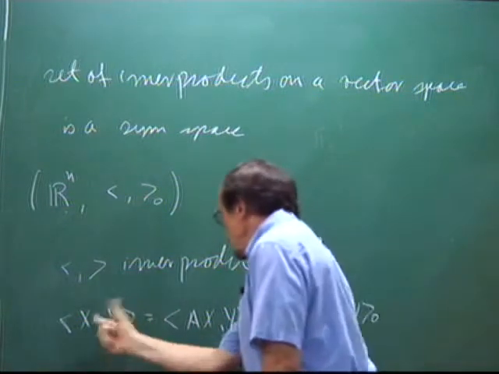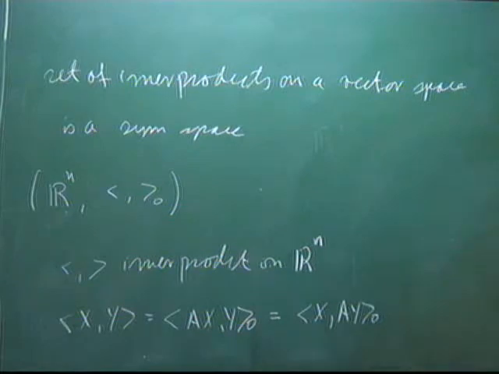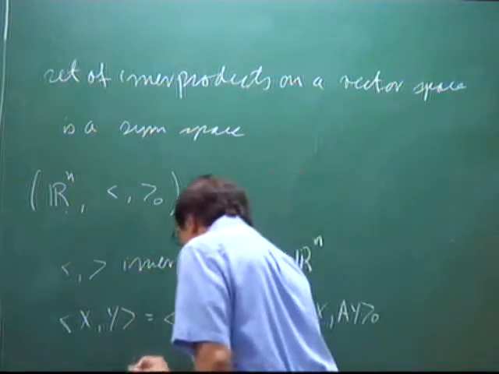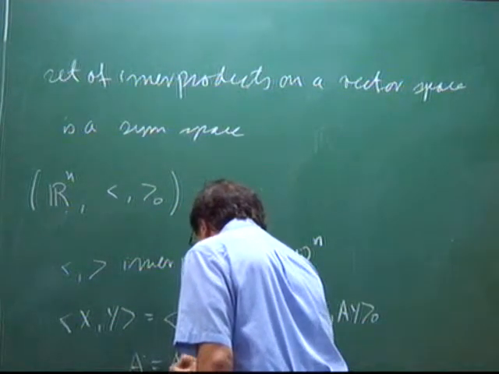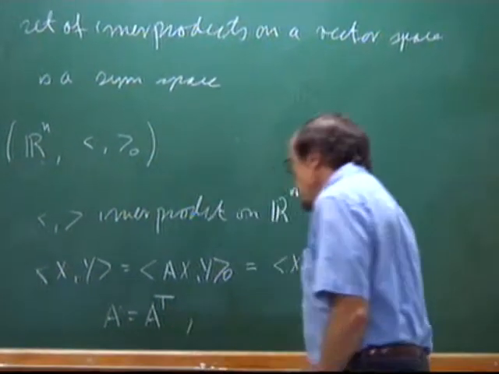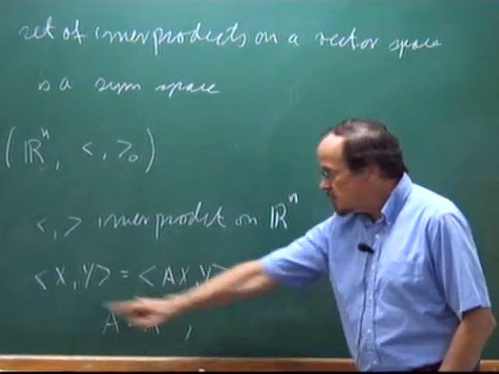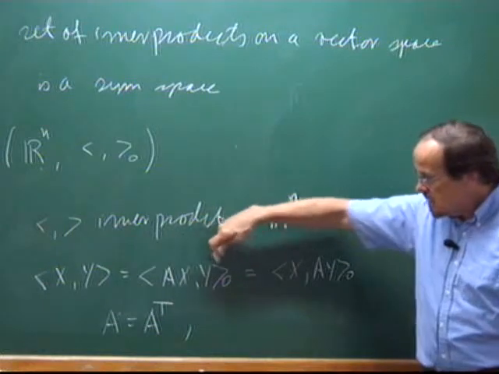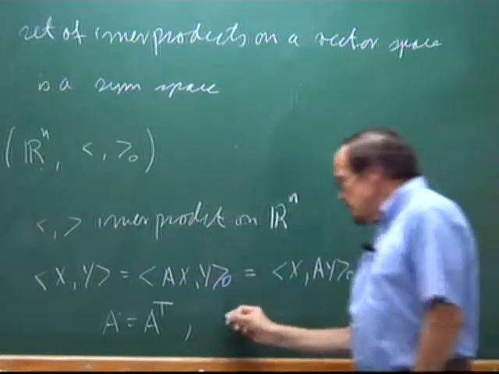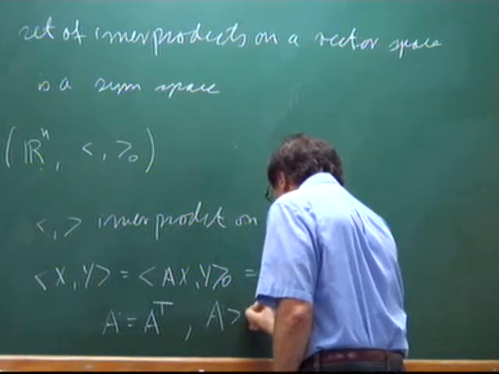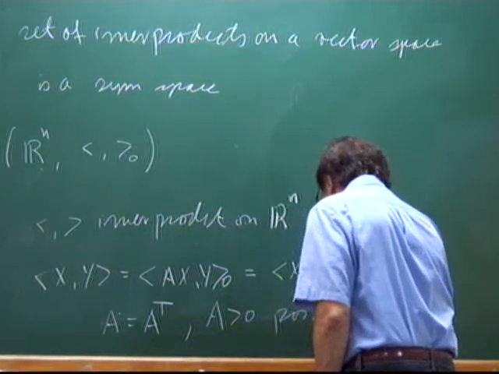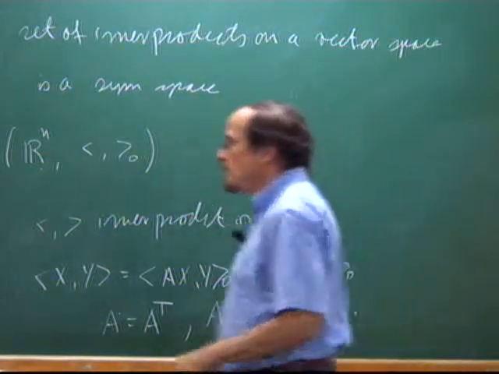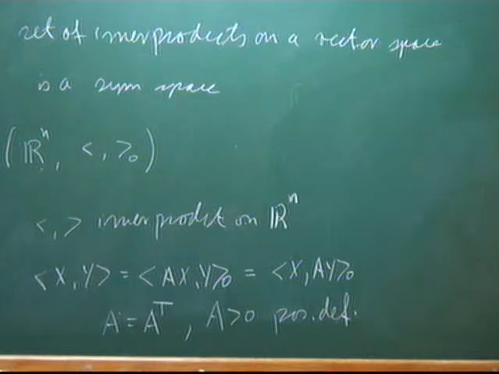But if I switch these two, that means that A is a symmetric matrix. I also have to have that this inner product is positive, so ⟨x, Ax⟩ must be positive, and that means it's positive definite. So another way of describing that space is the set of symmetric positive definite matrices.